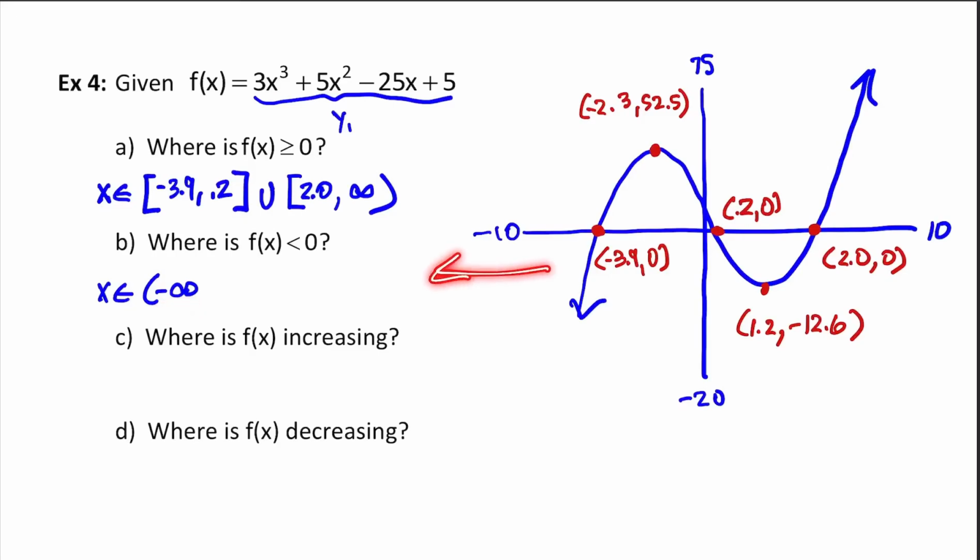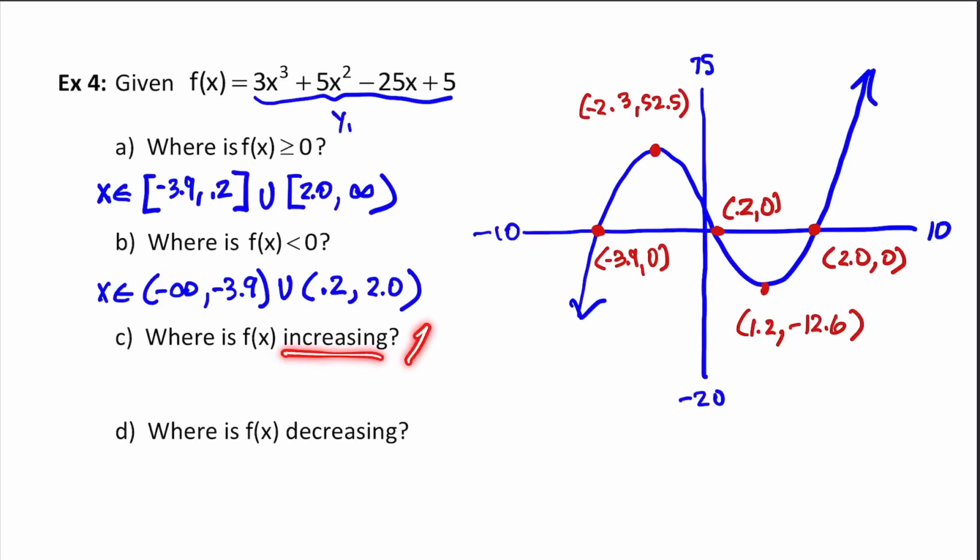So this is actually negative infinity over here, and it goes to negative 3.9. And that's a parenthesis because it doesn't include it. Notice this right here, just less than. Union, all right, the other piece that's below is going to be parentheses, 0.2, comma, 2.0 with parentheses.